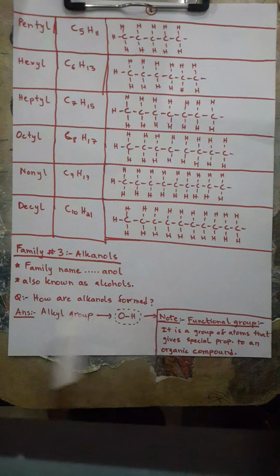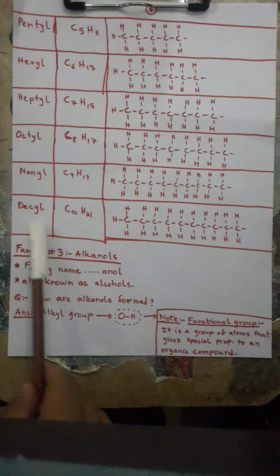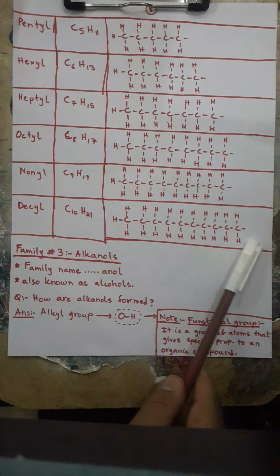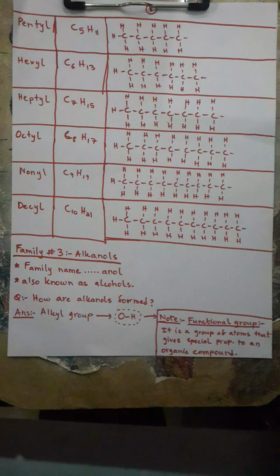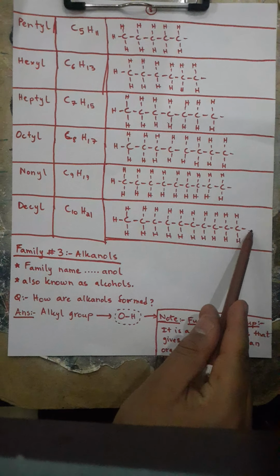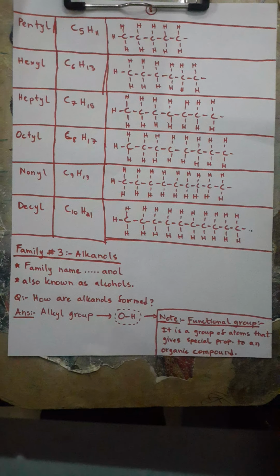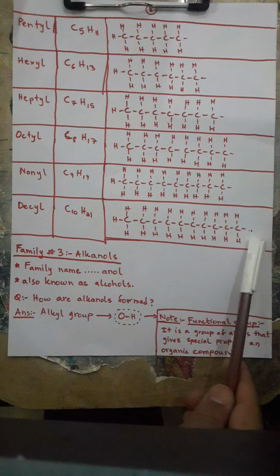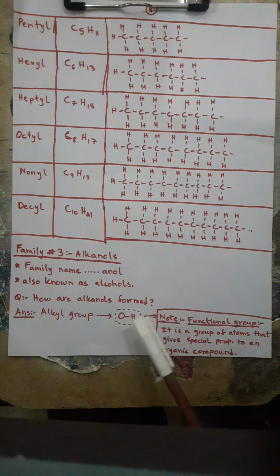How are alkanols formed? They are formed by attaching this OH group with this alkyl group. You know that there was this bond left, so if we attach this OH group in the end here, we will get an alkanol, because carbon will form a single covalent bond with O, which further forms a single covalent bond with hydrogen.